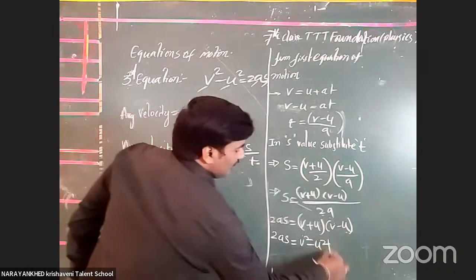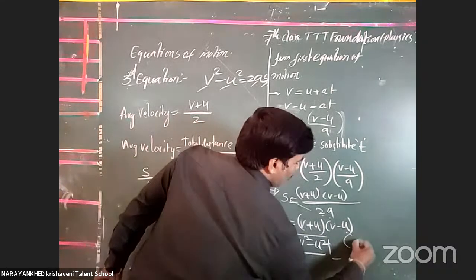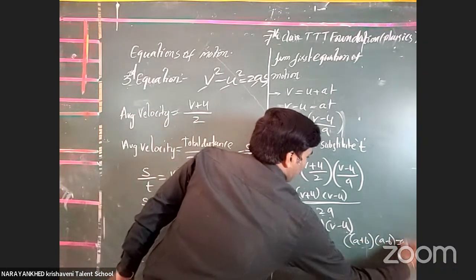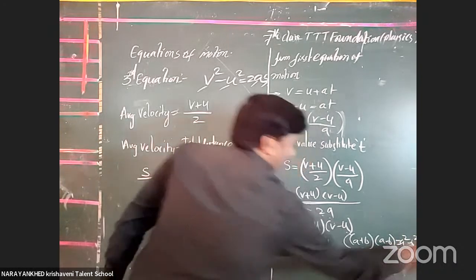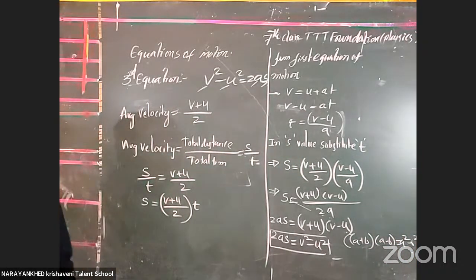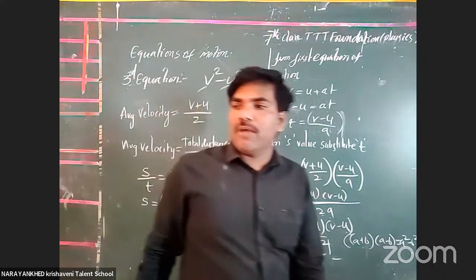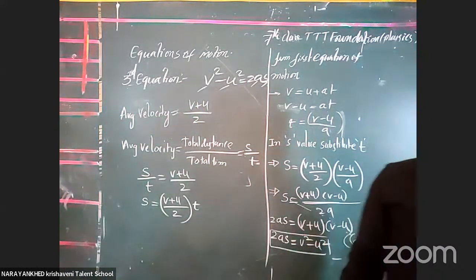Now why? Because it is V square minus U square. You know the formula: A plus B into A minus B is A square minus B square. Already you have these formulas in mathematics.